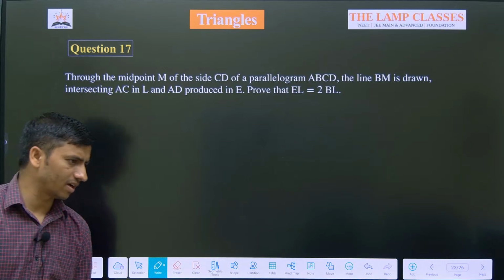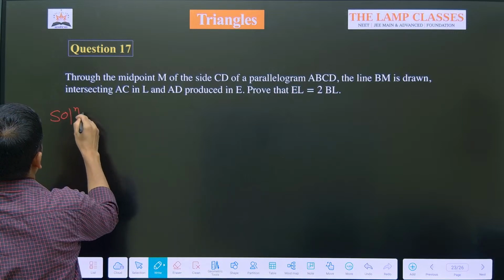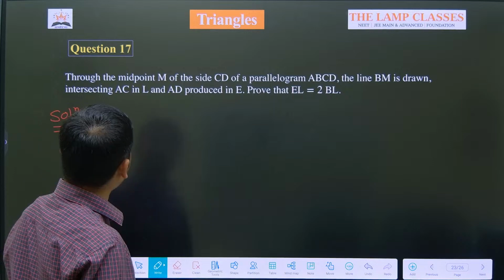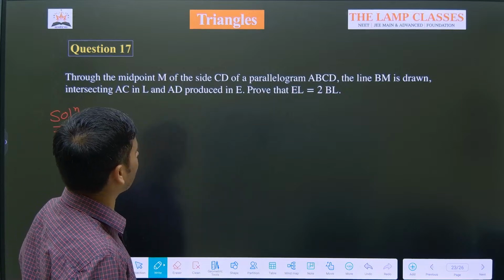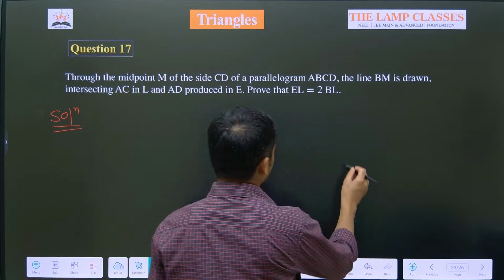Did we make the diagram, guys? Let's do that. Through the midpoint M of the side CD of a parallelogram ABCD. So there is a parallelogram ABCD. Let's make that diagram.